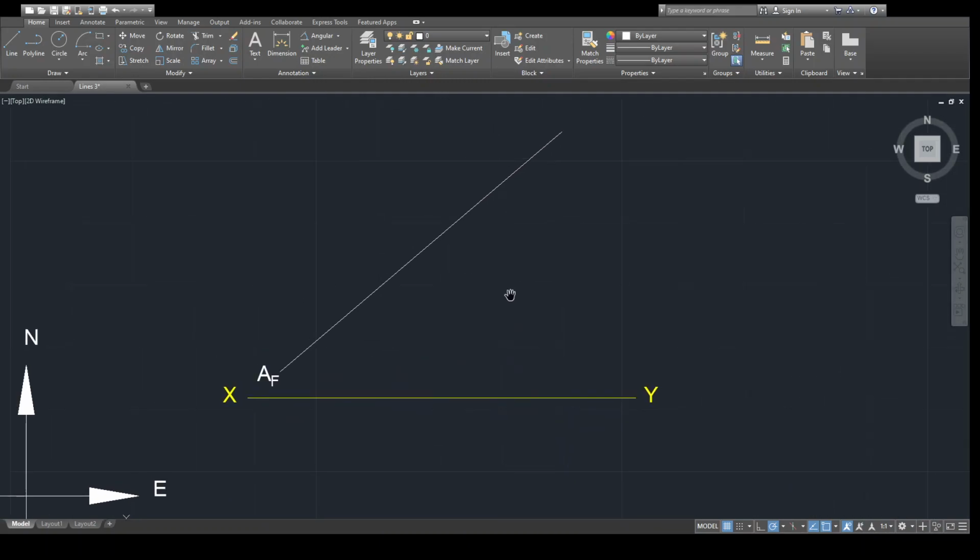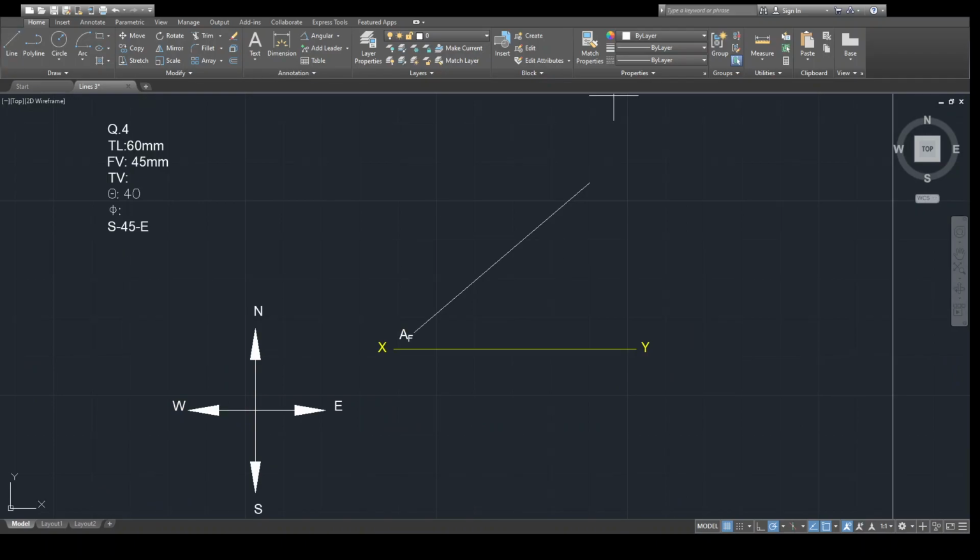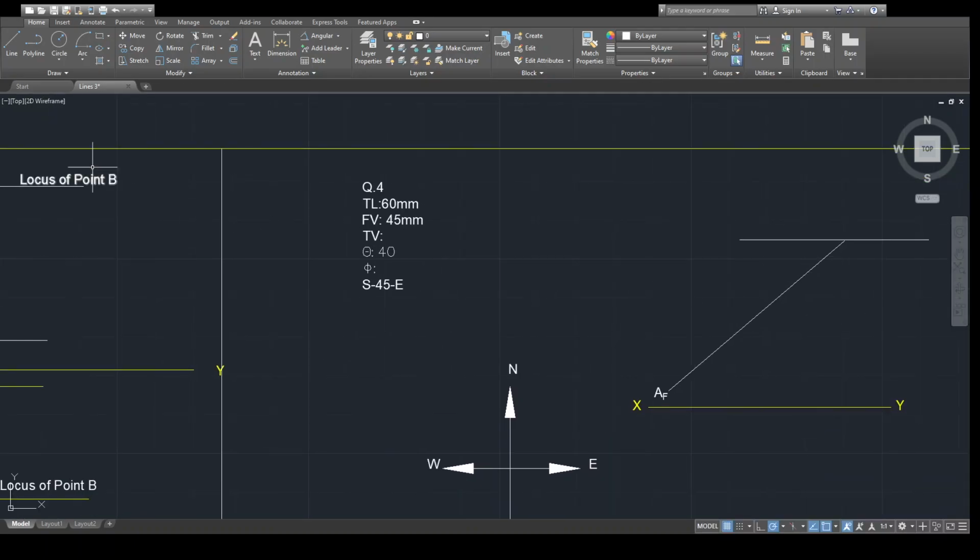Okay. Now we have the locus of A, and also we have the locus of B. So this is our locus of B. I will use the same notations from here.